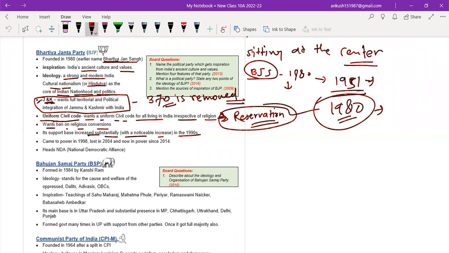After 1980, in the 1990s, the Bharatiya Janata Party started to be recognized by people throughout the country. It came to power in 1998, lost in 2004, and has been in power since 2014. Its head is the National Democratic Alliance.